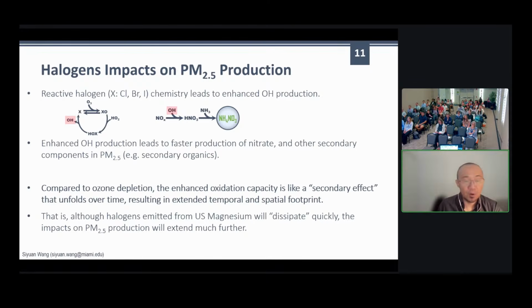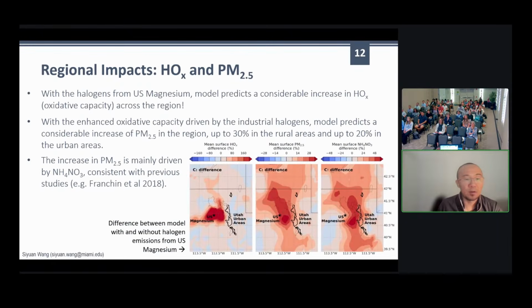It is also important to note that the halogen effect on oxidative capacity is kind of a secondary effect, which would unfold over time. So this would also result in an extended temporal and spatial footprint. If you look at the regional effect, these three figures show the regional impact of industrial halogen emissions.